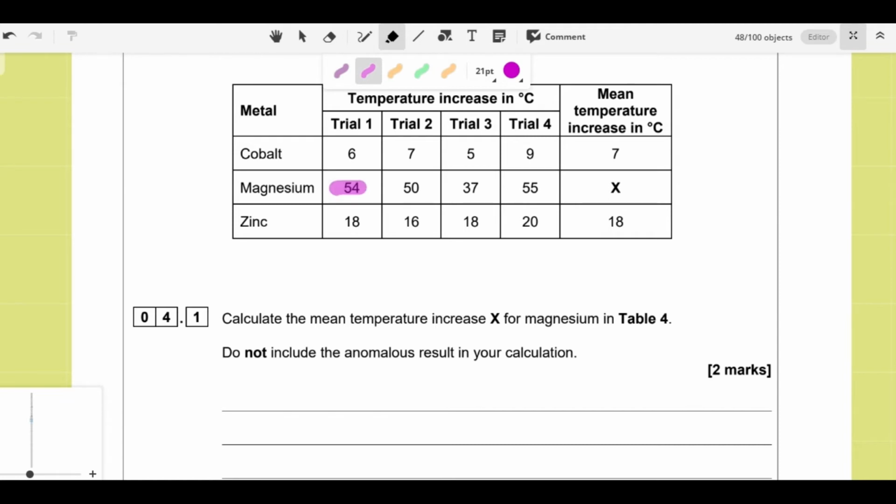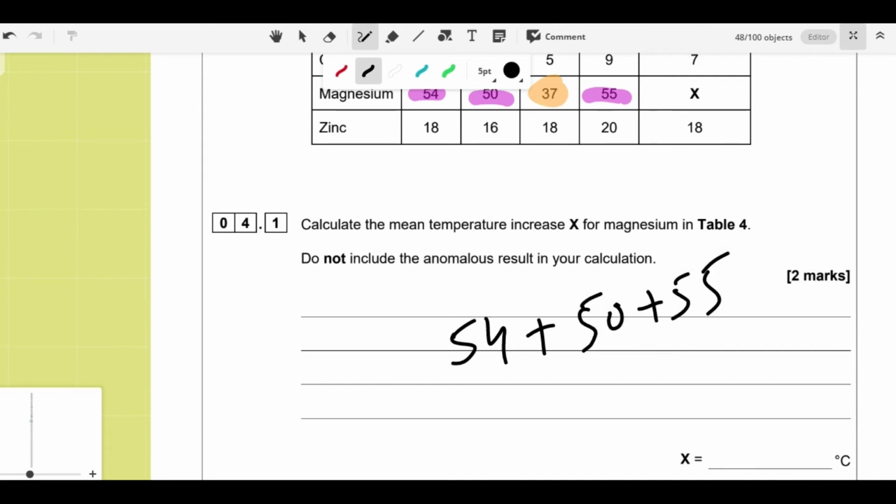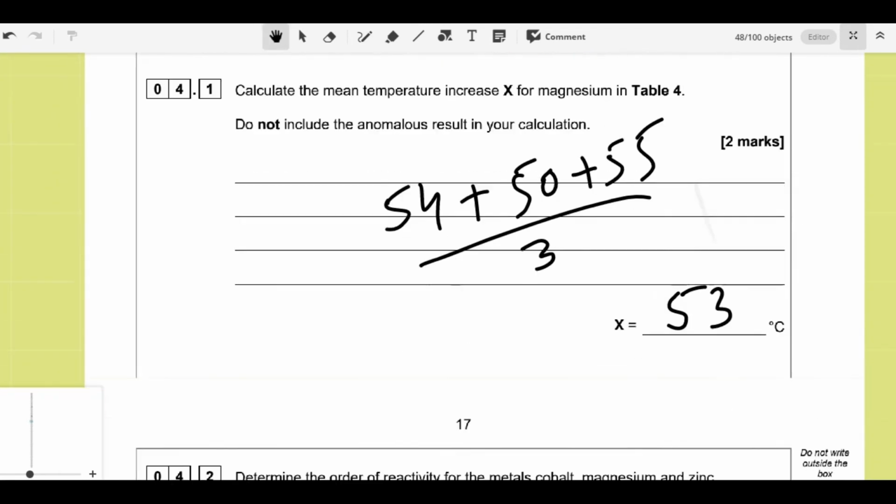Let's suppose here is 54, 50 and 55, but we will not use 37 because 37 is too far, so that will fluctuate over readings. So you have to take 54 plus 50 plus 55 divided by 3, and you get 53 degrees Celsius.